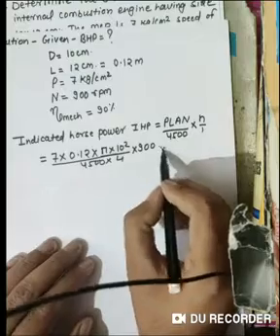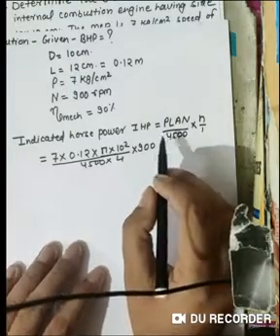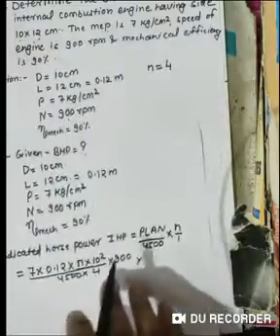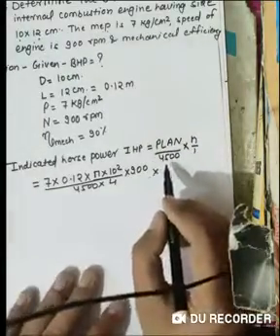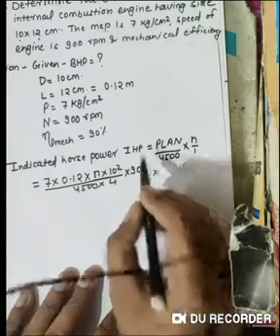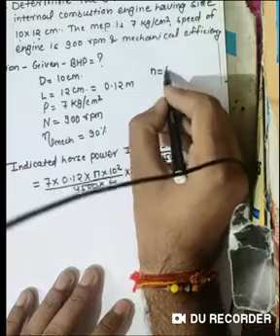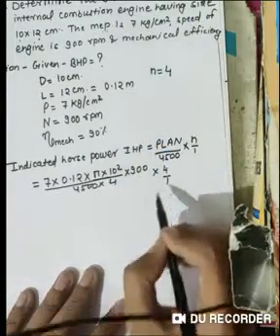Okay, and the value of small n is the number of cylinders. So here in this question the number of cylinders is not given, so we assume that something is missing. The number of cylinders is 4, so n is equal to 4 divided by 1.